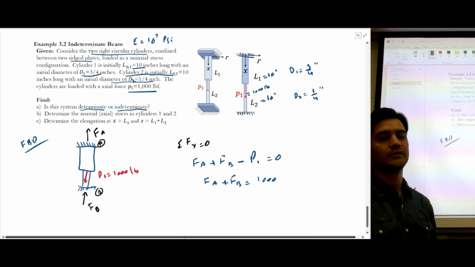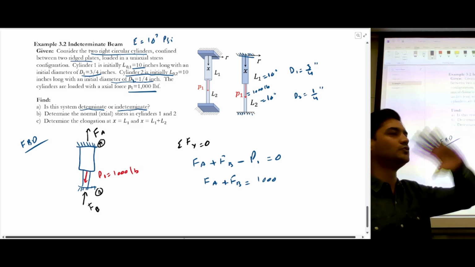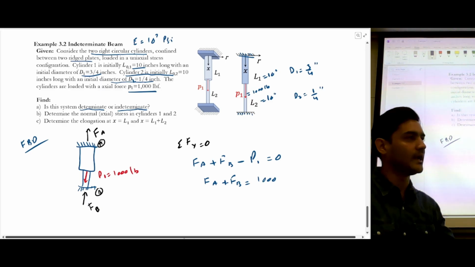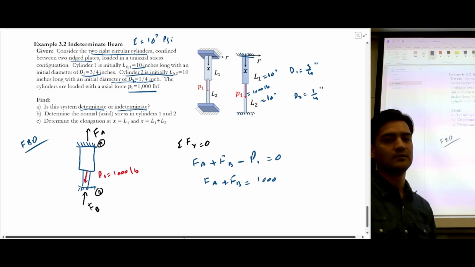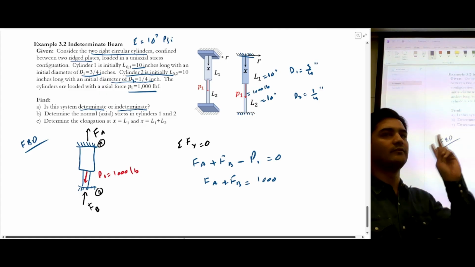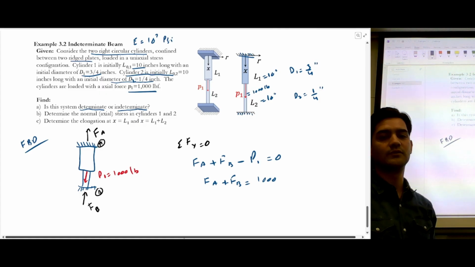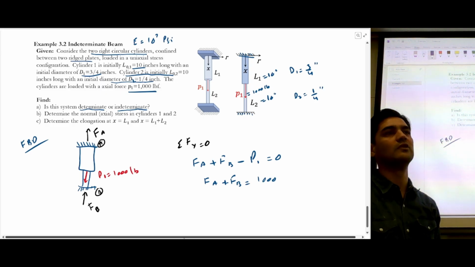You can go back and try to solve this system, but you cannot solve the reaction forces in this case because along the y-axis you have two unknowns and you only have one y-axis force equation. So if you try to solve the reaction loads by using equilibrium equations, you cannot.